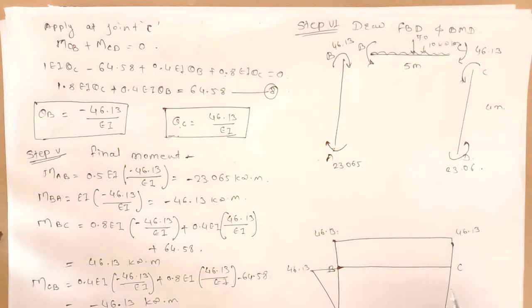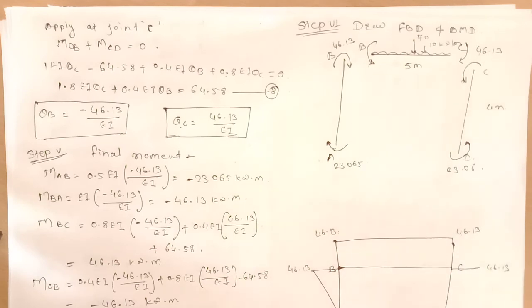Then next, the end moment at member CD is 46.13 and the end moment at member DC is 23.06.